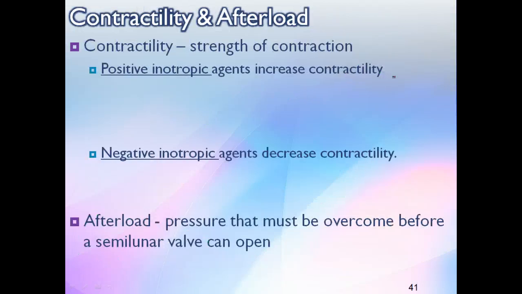Okay. Now we have contractility. Contractility is the strength of the contraction, which is most notably related to calcium availability. Now, the agents that affect contractility, as I've already mentioned, are referenced as inotropic agents.